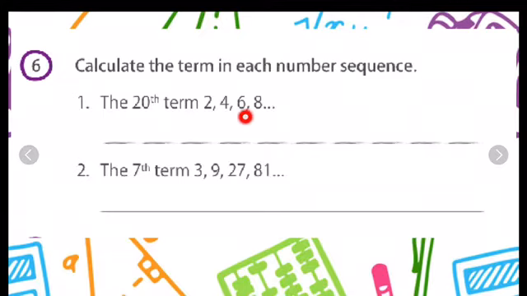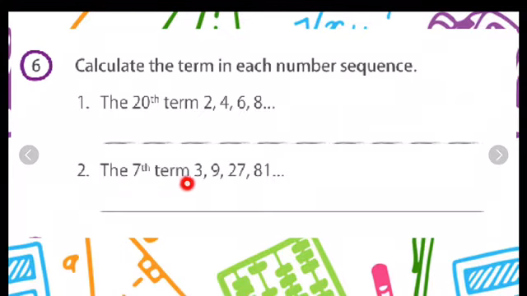Look at the sequence: 2, 4, 6, 8. Well, this reminds me of the times table of 2. Then 20 times 2, how much will it be? Try to rewrite the sequence, or find the pattern up to the 20th term.